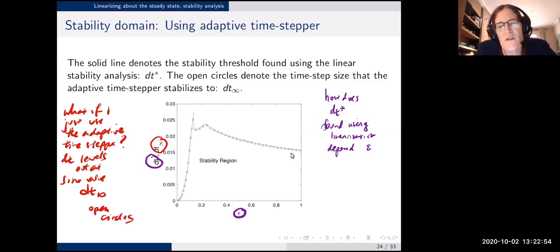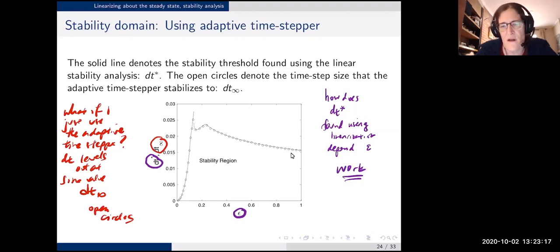So what this figure demonstrates is that either I can do lots and lots of work, linearizing the system, computing all the eigenvectors, computing all the eigenvalues, finding the maximum, finding the spectral radius, varying dt, finding a new spectral radius.